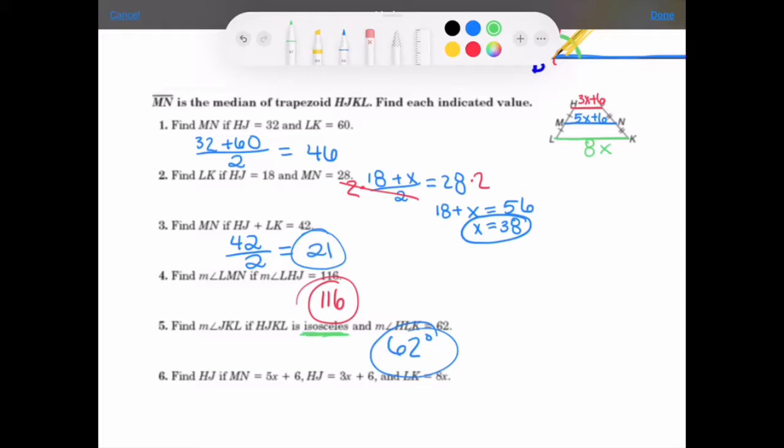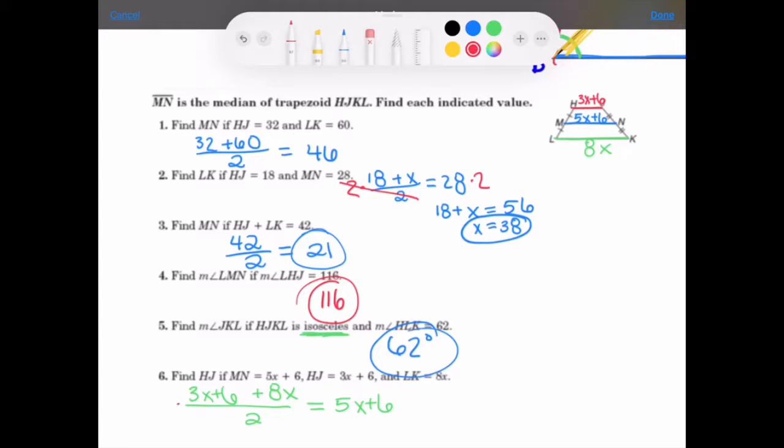So to find the x, one thing we know is that the sum of the two parallel segments of a trapezoid divided by 2 gives us the median. So all we have to do is the sum of the two parallel segments, the base and the top. So 3x plus 6 plus 8x, divided by 2, will give us 5x plus 6.